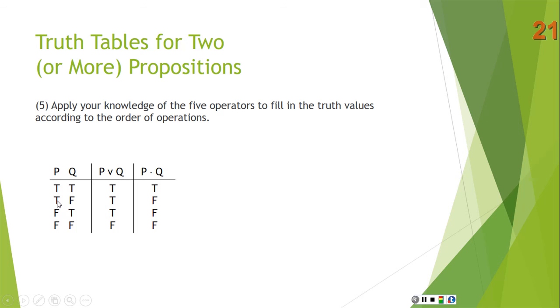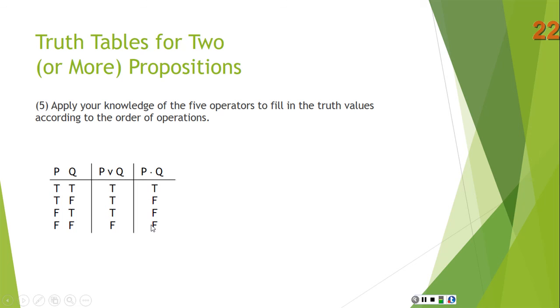Whenever the left disjunct is true and the right disjunct is false, you get true. The whole statement comes out true. So that's the nature of the wedge. Whenever the left disjunct is false and the right disjunct is true, the whole thing comes out true. Because remember, the only time for a disjunction that the disjunction comes out false is when the left disjunct is false and the right disjunct is false. That's what you have here. False, false, so the whole thing comes out false.